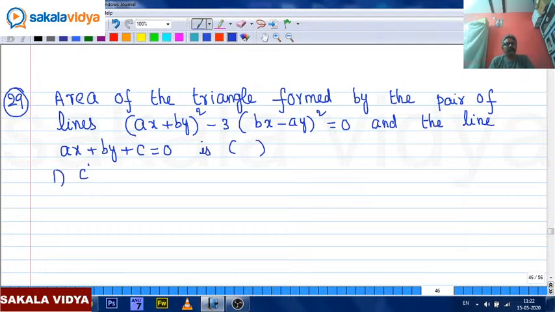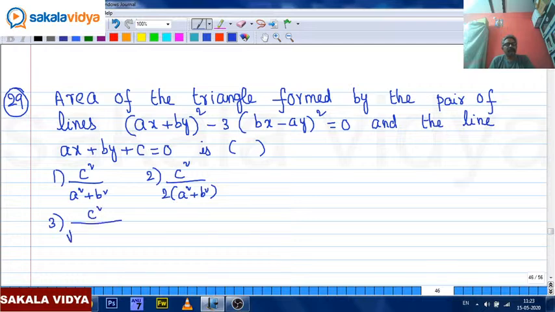first option c square by a square plus b square, second option c square by 2 into a square plus b square, third option c square by root 2 times a square plus b square, fourth option c square by root 3 times a square plus b square.